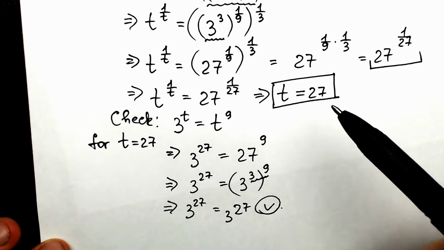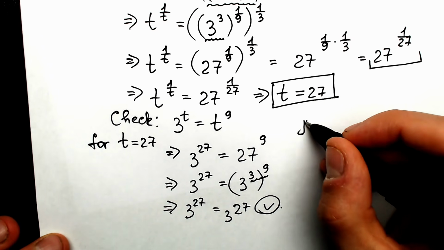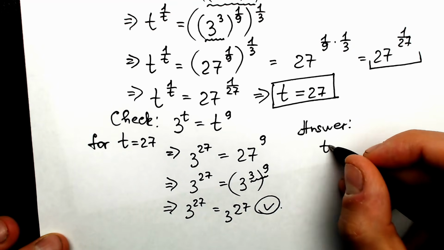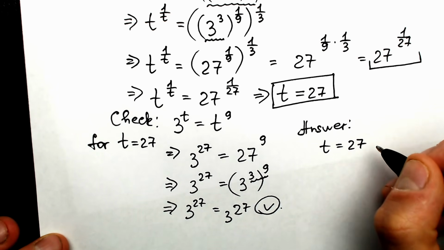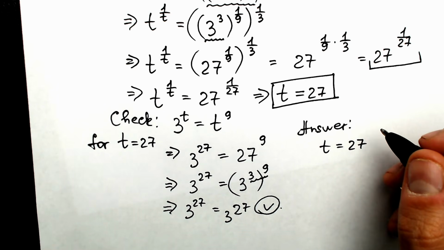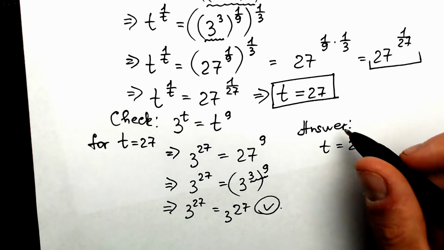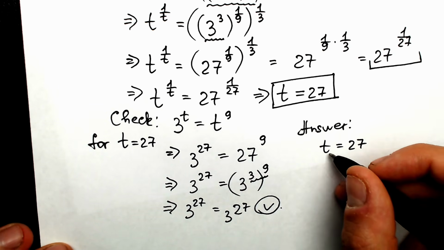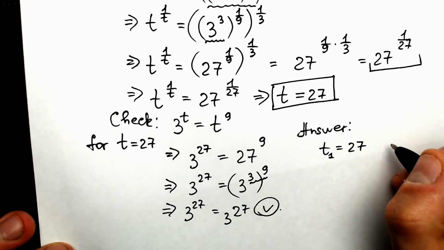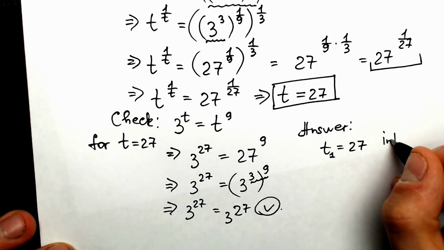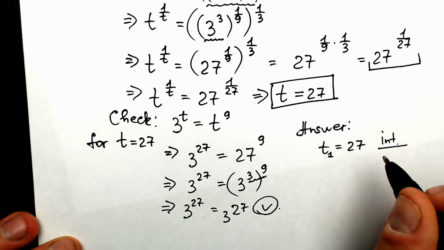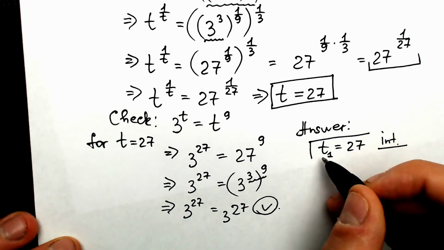So a few thoughts about this question. Of course we have our answer, t is equal to 27, but I made this video maybe a few months ago, and I solved this type of question according to Lambert W function. And one really interesting moment, because this is not the only root. Of course, if you're talking about integers, t equal to 27 is the only integer according to this question.